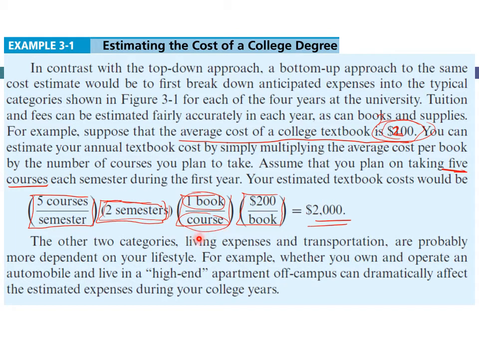If you live in a high-end apartment off campus, then the cost can be too much, or if you just use a dormitory, then the cost can be less. So depending on your lifestyle, you need to estimate each one of these costs, and when you come up with these smaller costs, you add them up and come up with the total cost.